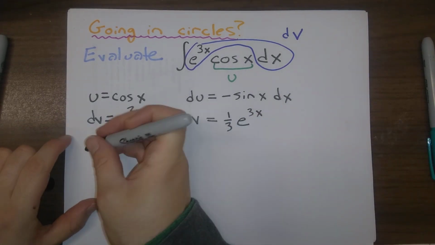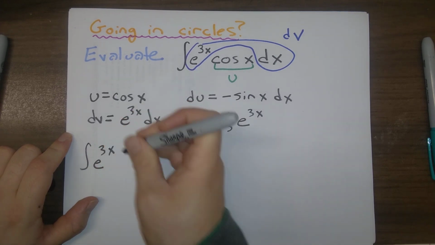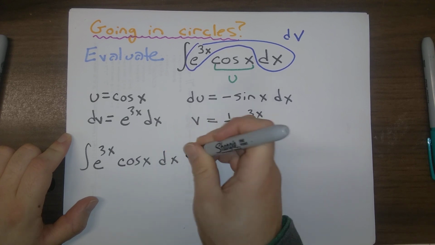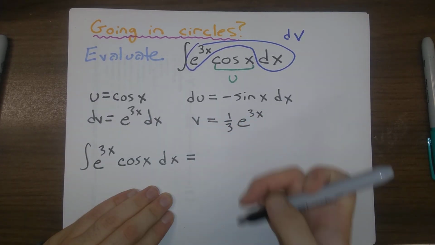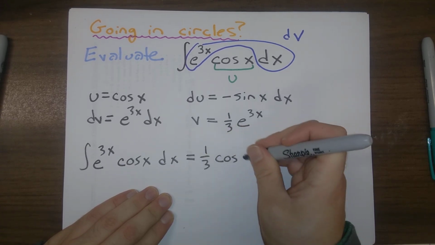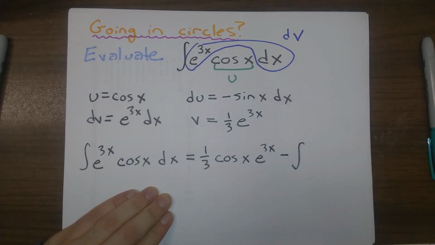And so we now say that the integral of e to the 3x times cosine x dx is equal to u times v, so that's 1/3 cosine x times e to the 3x, minus the integral of v du.